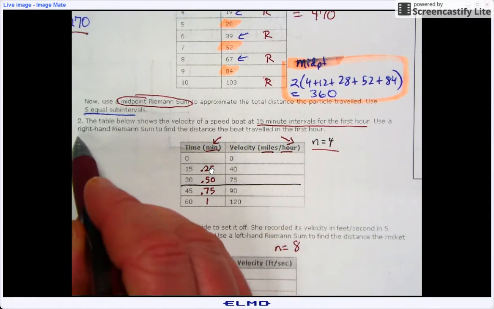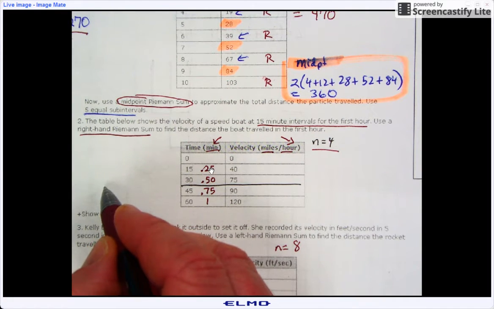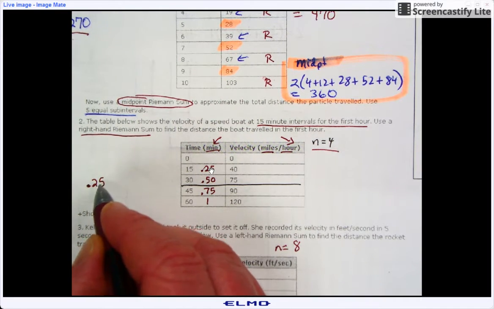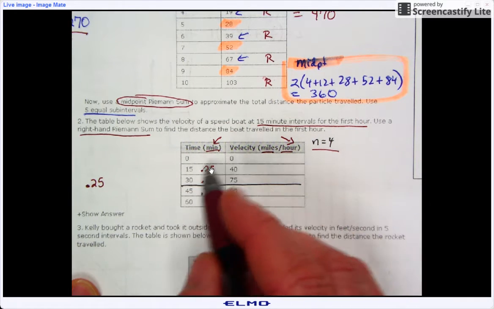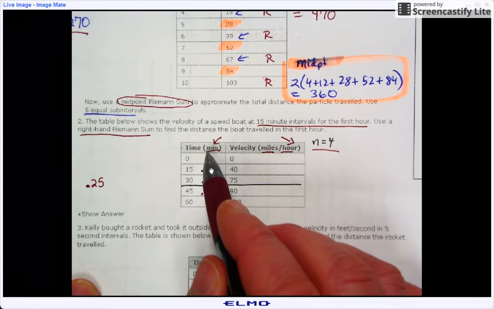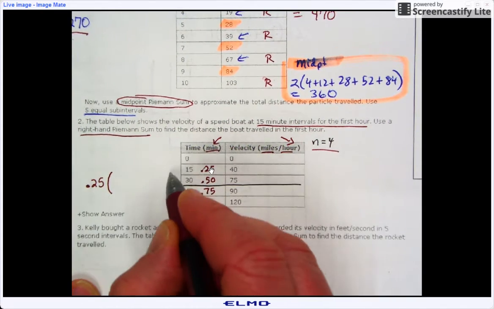If all we have to do is find a right Riemann sum, my widths are 0.25 hours. Again, we want this to be hours because we're finding area, and it's time in hours times miles per hour. It gives us miles.